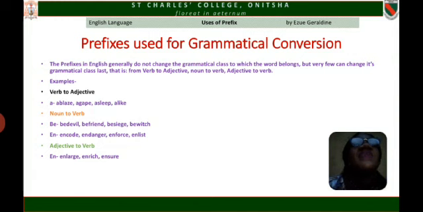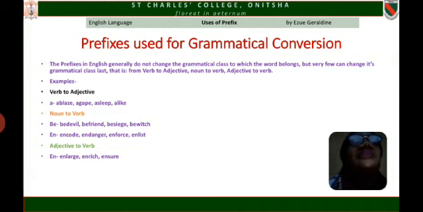But some prefixes can be used for grammatical conversion. Just very few of the prefixes can be used for grammatical conversion. The prefixes in English generally do not change the grammatical class to which the word belongs, but very few can change its grammatical class.